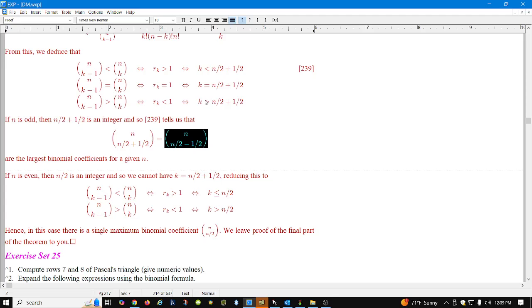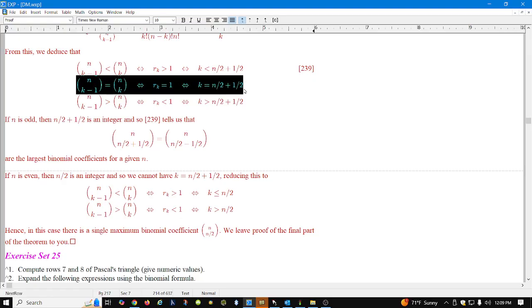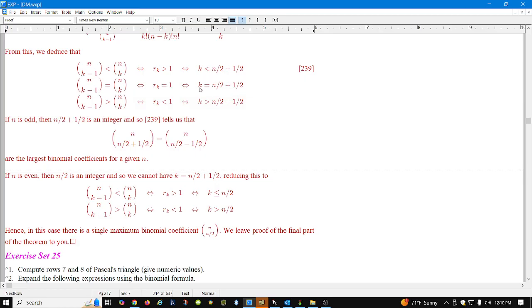If n is even, n over 2 is an integer, and this middle equation, or biconditional, cannot happen. K has to be an integer, and n over 2 plus 1/2 is not an integer, so that's ruled out.